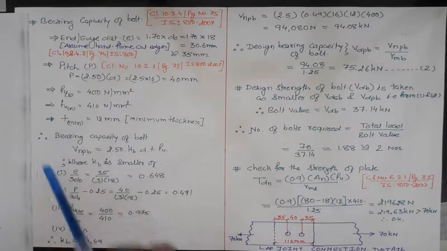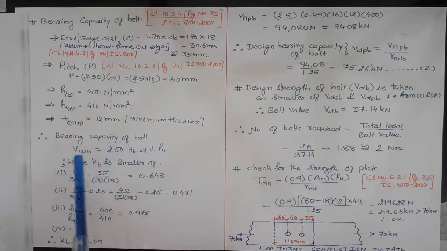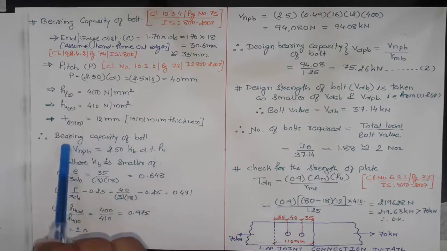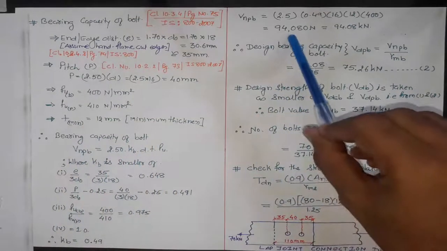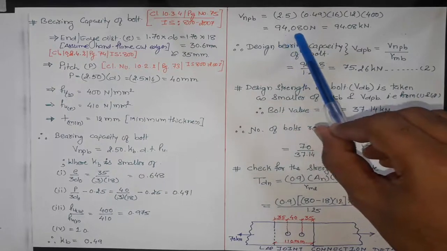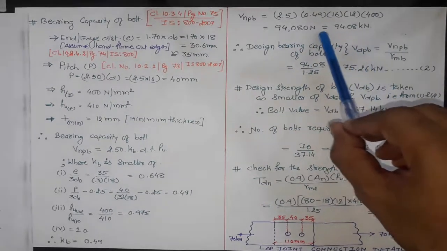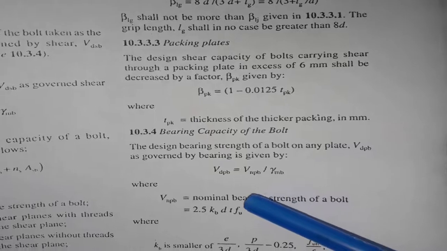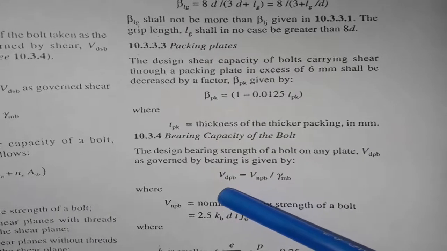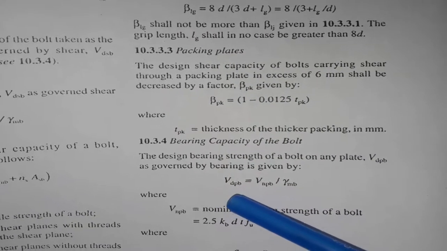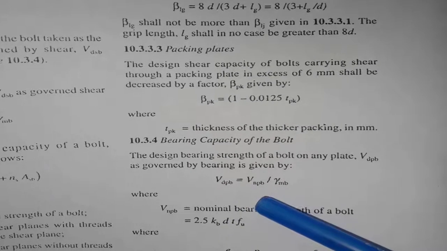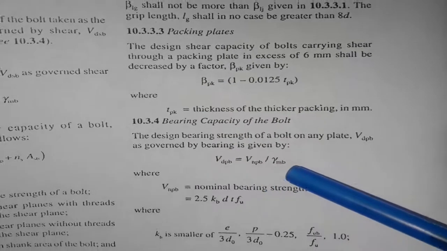Substituting all these values in this nominal bearing capacity formula, we get the value as 94.08 kilonewton. Therefore, design bearing capacity of bolt represented by Vdpb is equal to Vnpb divided by gamma mb.